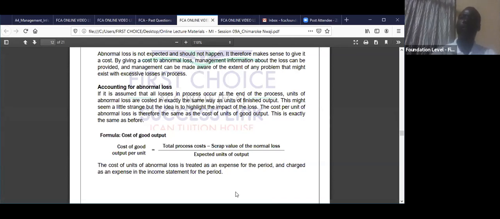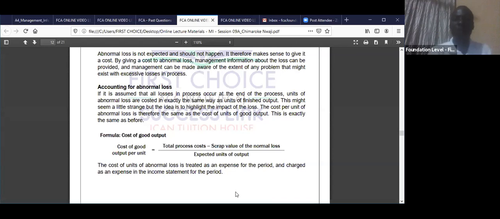Now, you are expecting a 10% loss of bread when you put it into the oven and you bring it out. You expect that 10% or maybe 1% will be burnt. And you're expecting the remaining 99.9% to come out good.